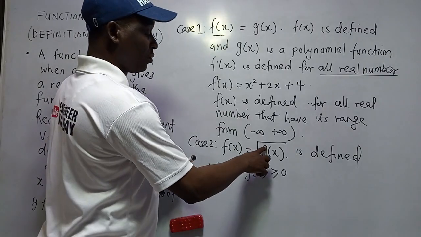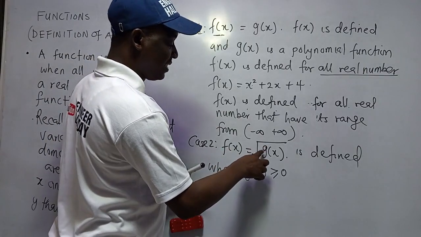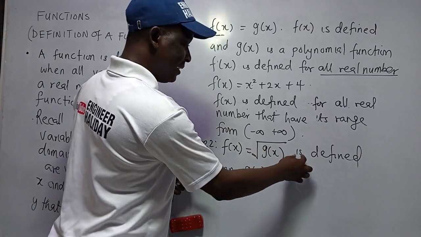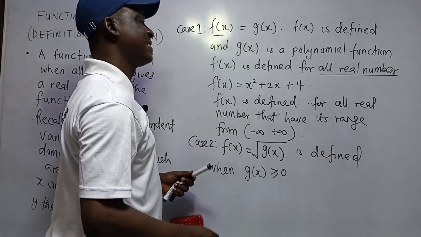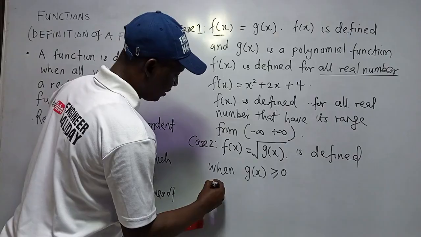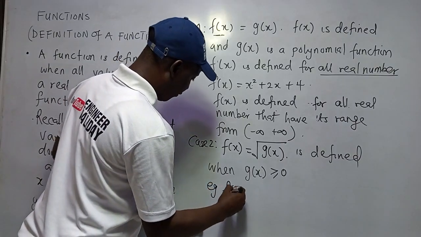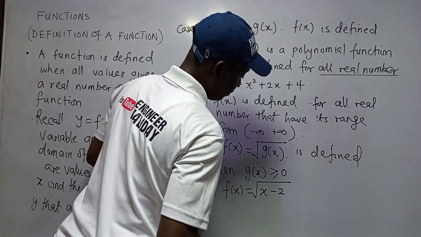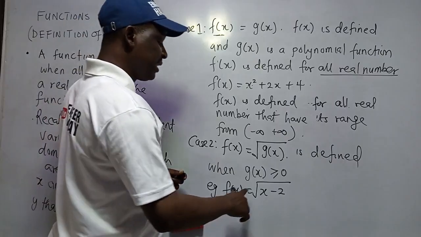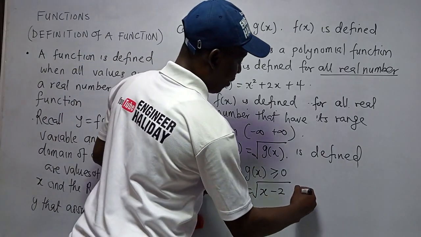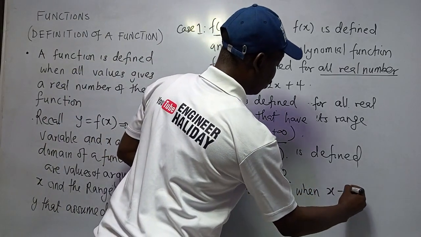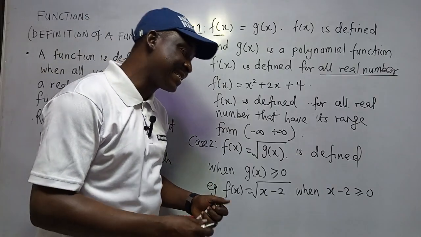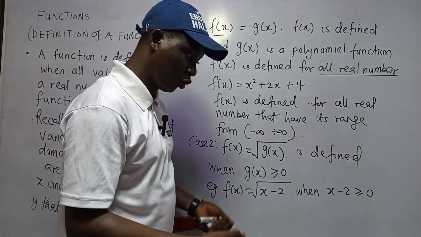So a square root of a function like this is defined when g of x is greater than or equal to 0. For instance, if I give you f of x equal to square root of x minus 2, in this case, this function is defined when x minus 2 is greater than or equal to 0. It cannot be less than 0. It can be equal to 0.